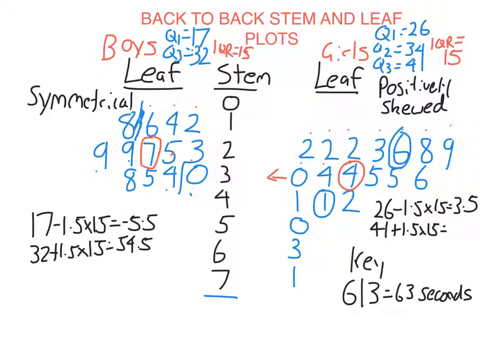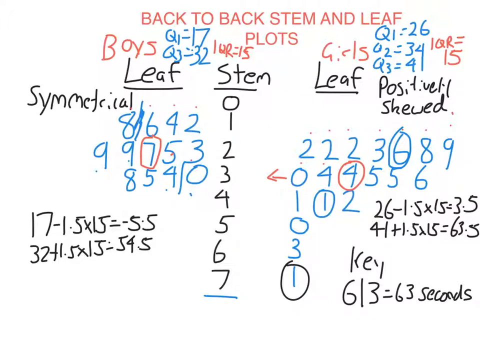Now that only equals 63.5. So we do have a score that's more than that, and that's 71. So girls actually does have an outlier. 71 is an outlier. So because girls is positively skewed and it has an outlier, the mean doesn't give us the best indication of the center of the data.